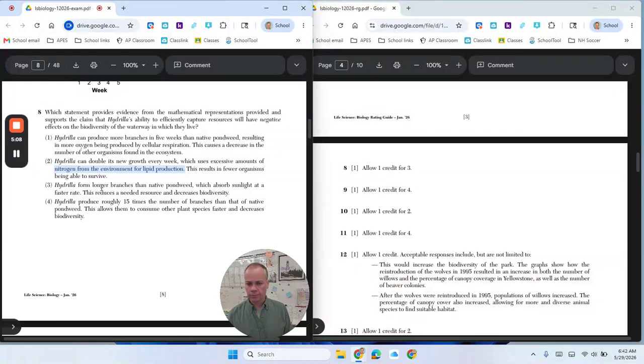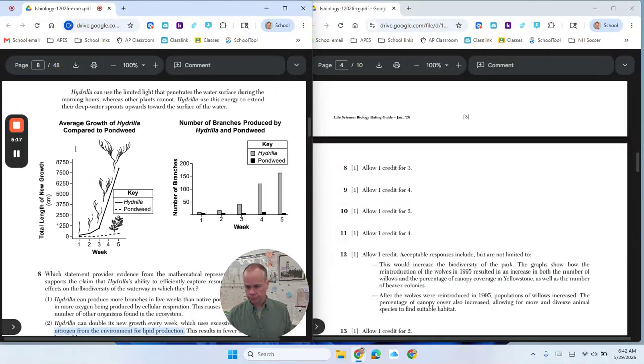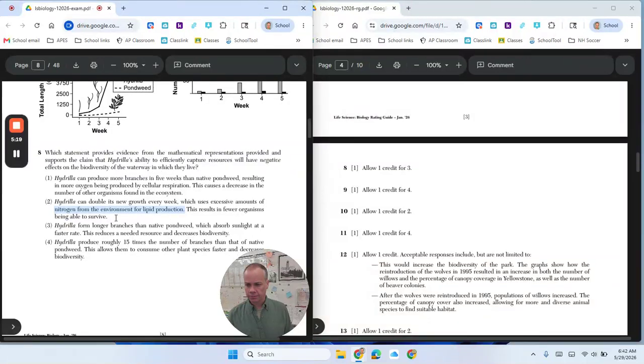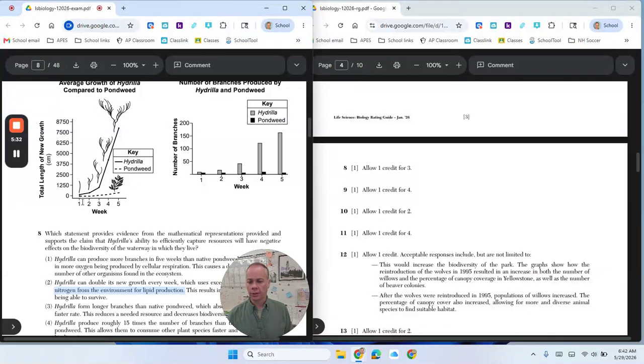Number 3: hydrilla form longer branches than native pondweed. That is shown by the graphs. So hydrilla forms longer branches than native pondweed, which absorbs sunlight at a faster rate, which reduces a needed resource, so those other plants can't get that sunlight.